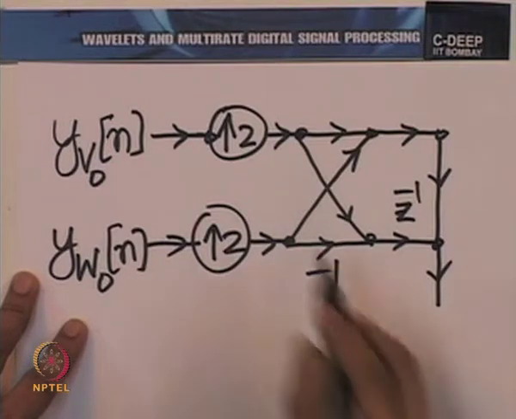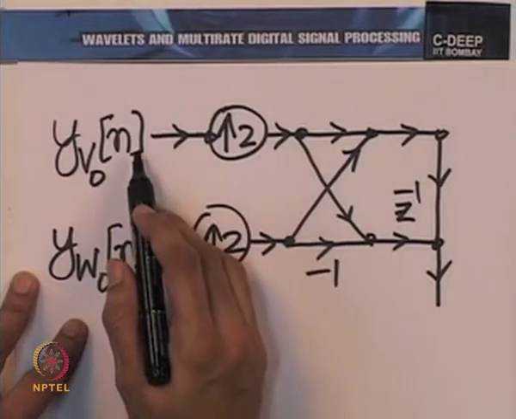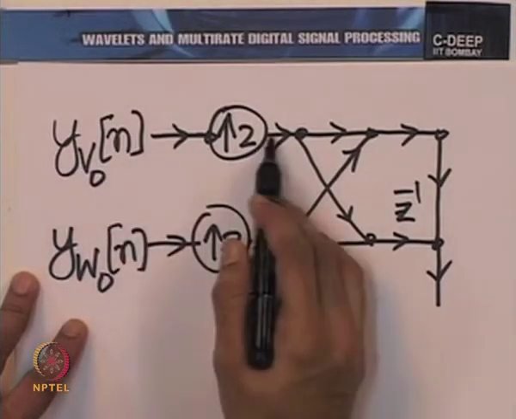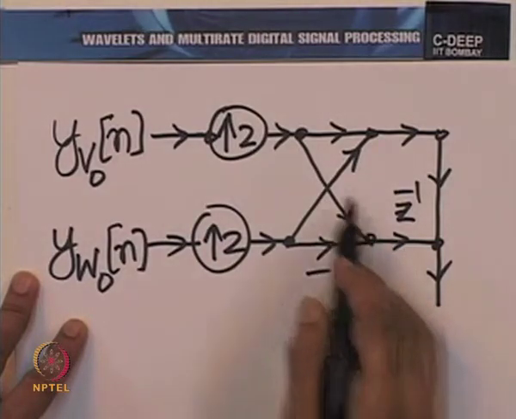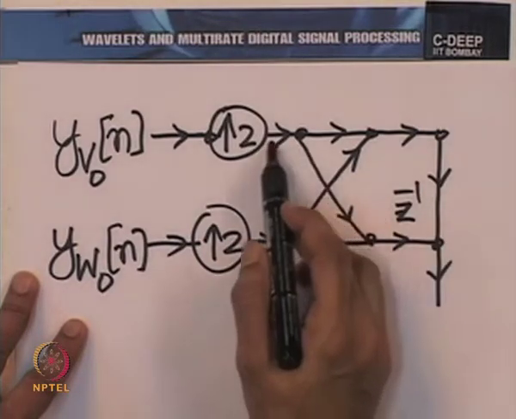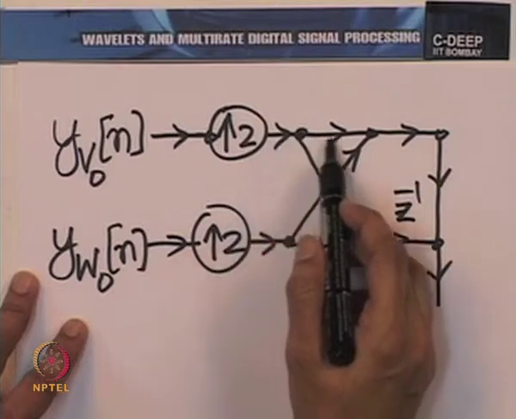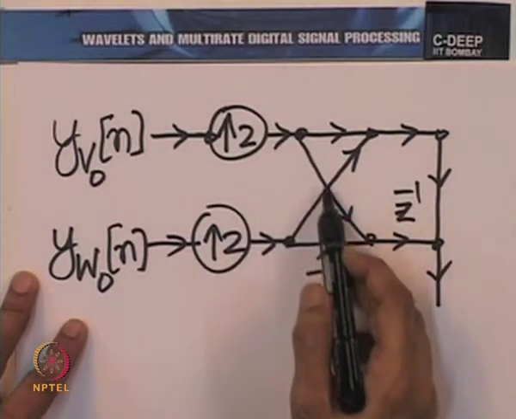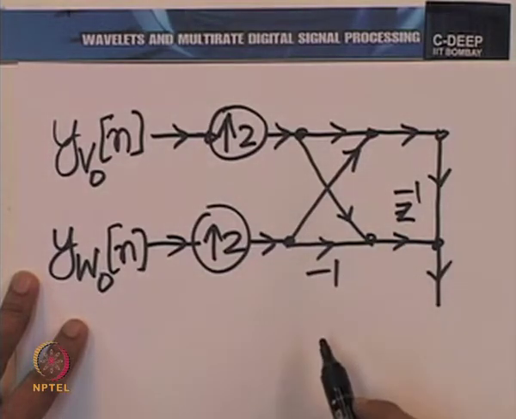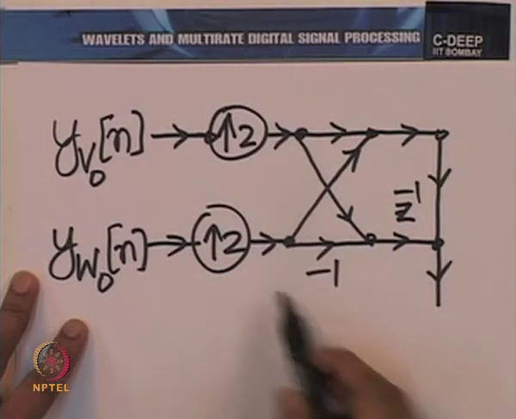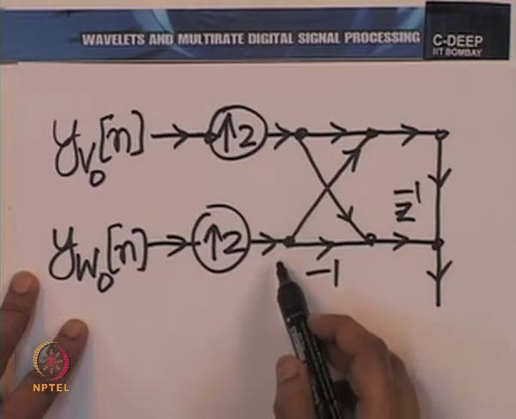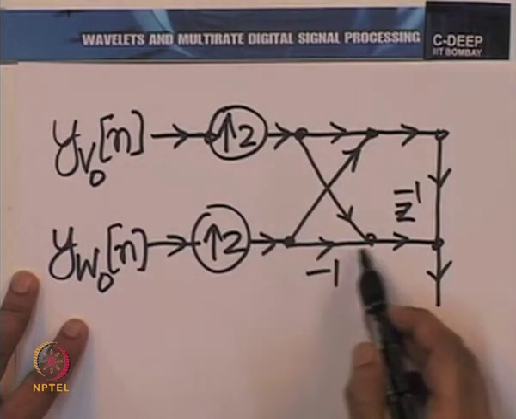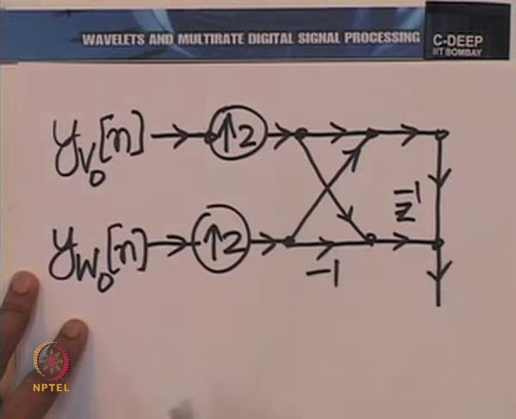So, look at what is happening. What is the operator acting on y v 0? What is the operator acting on this branch? This branch comes here with a transmittance of 1 like this and a transmittance of Z inverse like this, and this branch comes here with a transmittance of 1 like this and a transmittance of minus Z inverse like this.